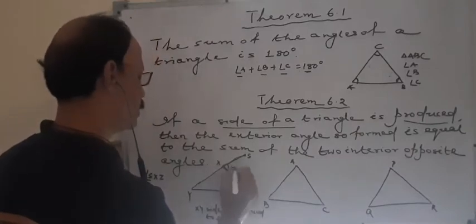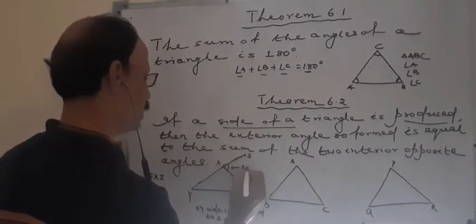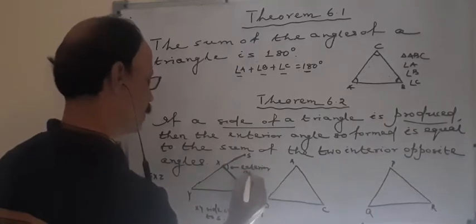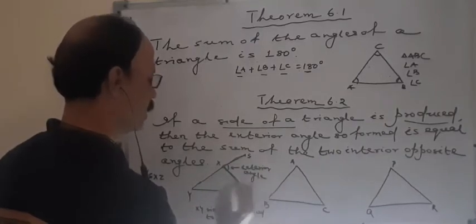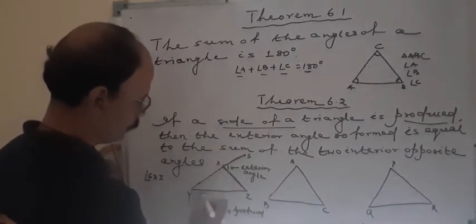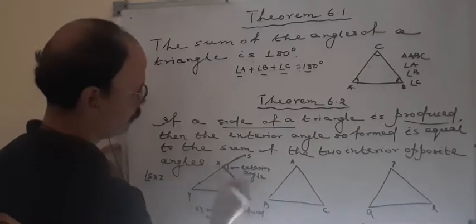So this angle is what? This is the exterior angle. Why is it called exterior angle? Because it is outside of the triangle.